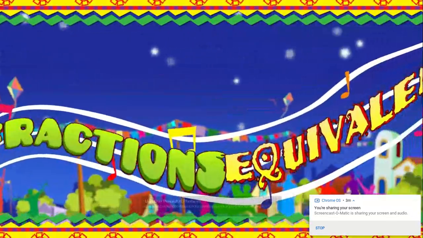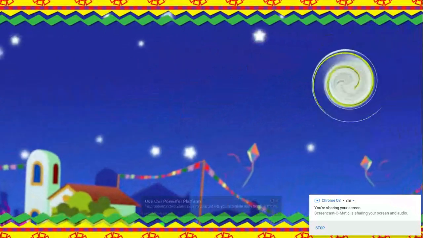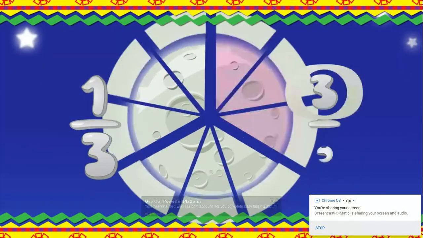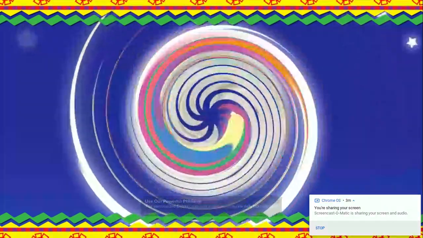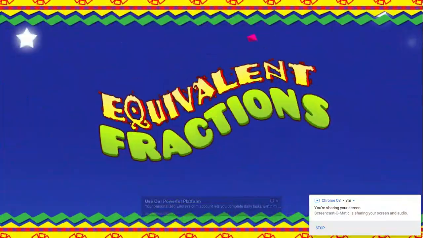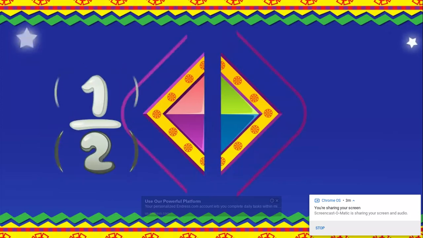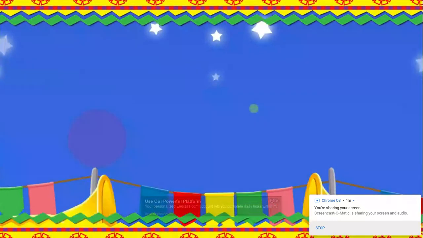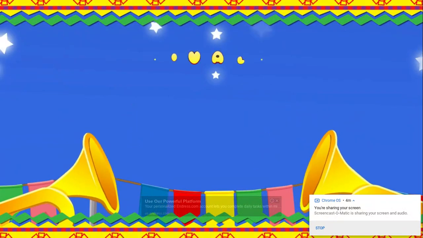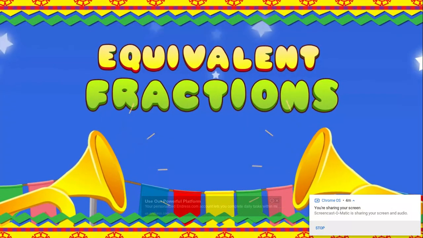Equivalent fractions. Values all the same. The values all the same.